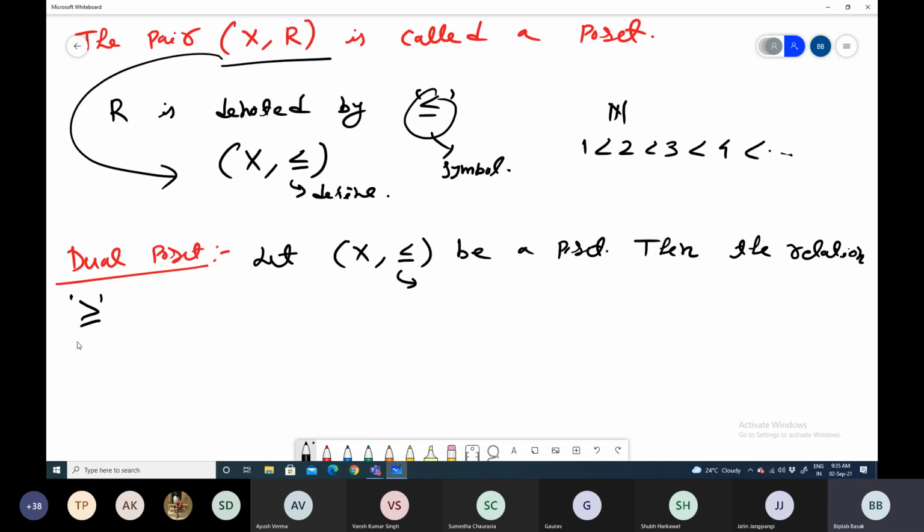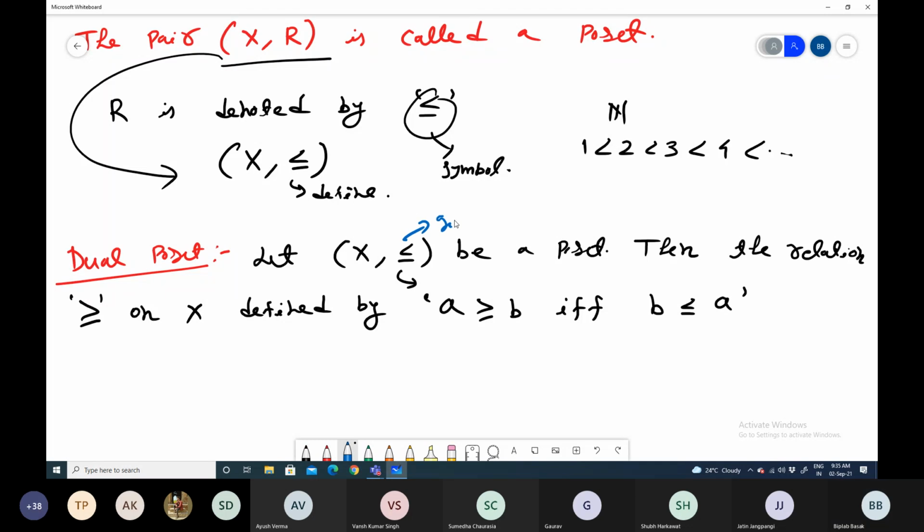So then this relation ≥ on X is defined by: a ≥ b if and only if b ≤ a. So when we know this symbol, right, we know this is the given one, and this is the new symbol, right?